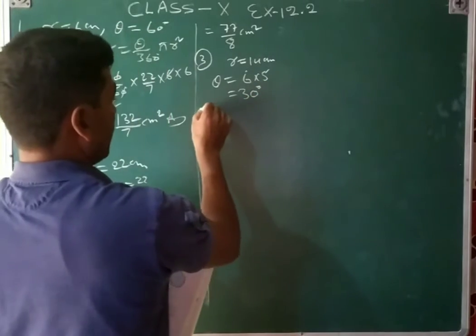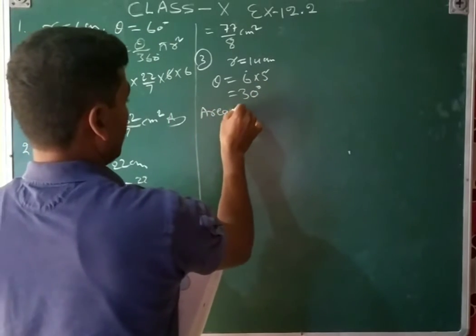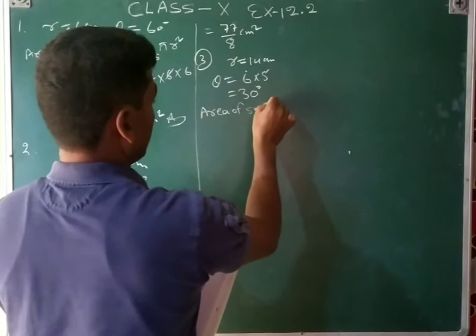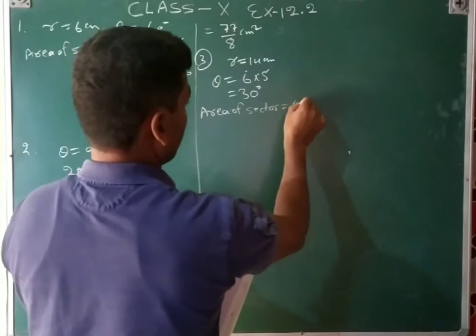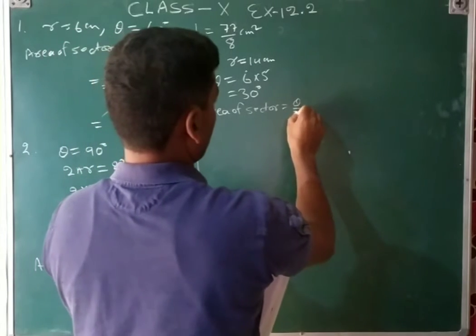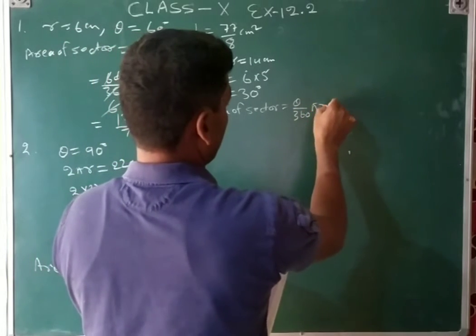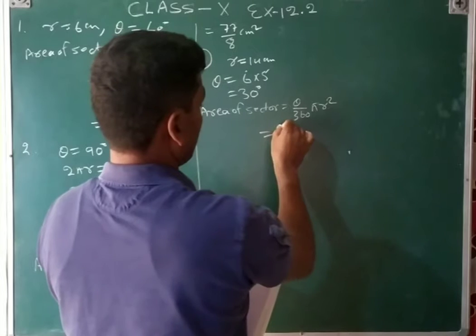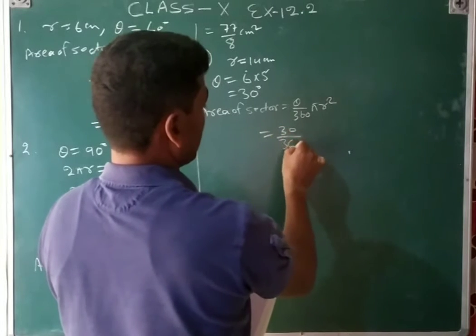So area of sector is equal to theta upon 360 times pi r square. So theta is 30 upon 360.